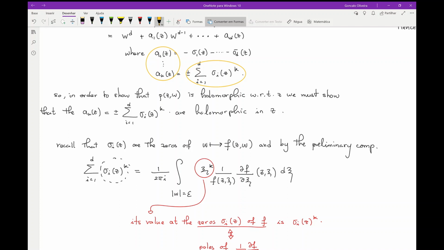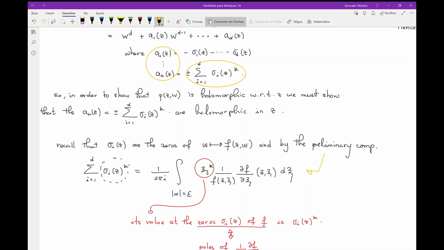This needs to be the value of a function that I write in front of 1 over f, df d chi, because this selects a sum over the zeros of f of the values of this function, which is precisely what is here. So this is just an application of our preliminary computation.